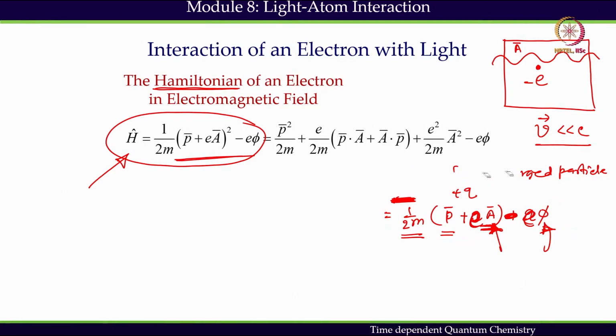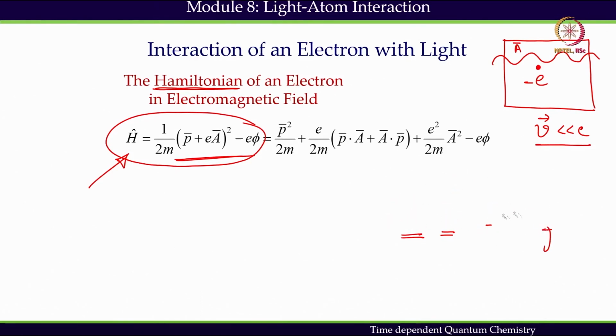One thing is clear here: the Hamiltonian I now have is for the electron interacting with this electromagnetic field. This Hamiltonian depends on the momentum operator, as we know, but in addition it depends on the vector potential and scalar potential in the medium, which originate due to the propagation of light.